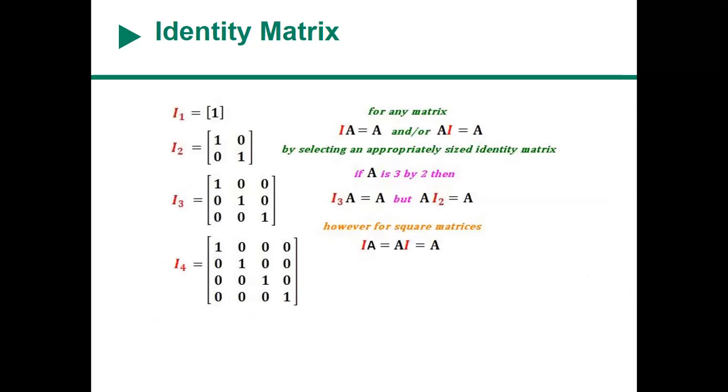When you have an identity matrix, it is represented with an I. If you look at a one-element matrix, the identity is just one. If you look at a 2 by 2, you'll see it's ones and zeros.